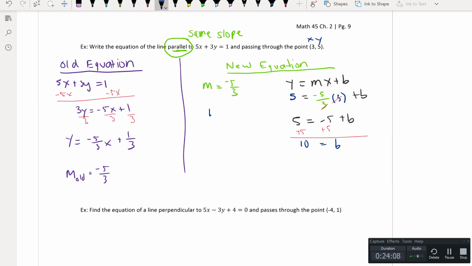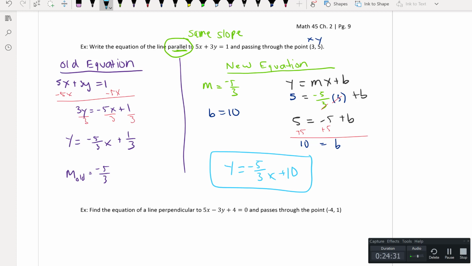So now I have that my b value is equal to 10. So I can rewrite my final equation as y is equal to negative 5/3 x plus 10. So that is going to be the equation of my new line.